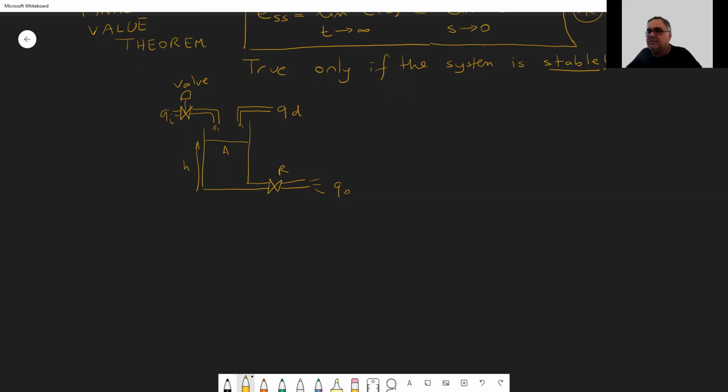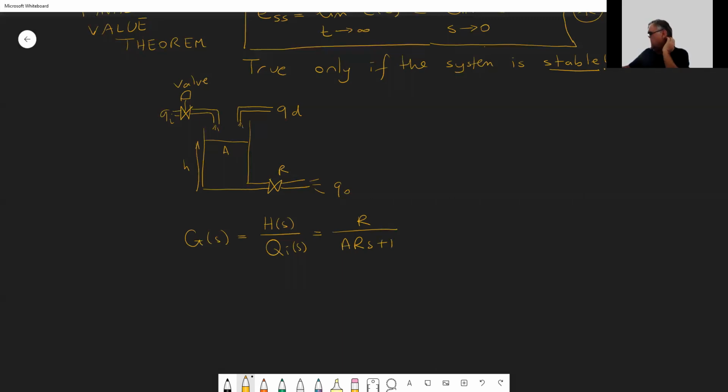Now, the transfer function G(s), which is the Laplace transform of H(s) over QI(s). I'm not going to give you all the details now because we have very little time.